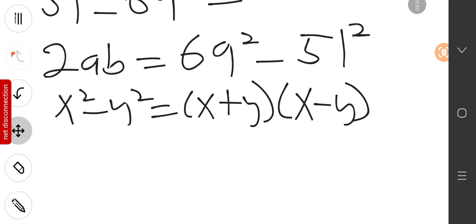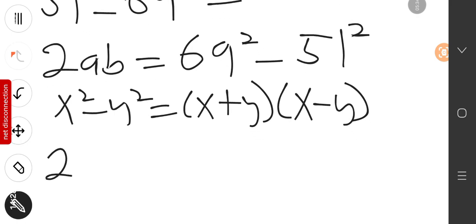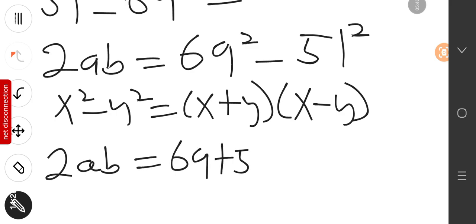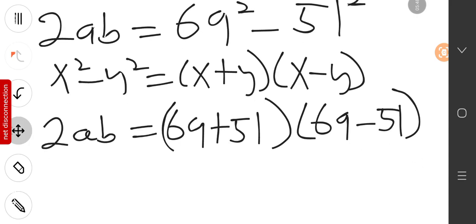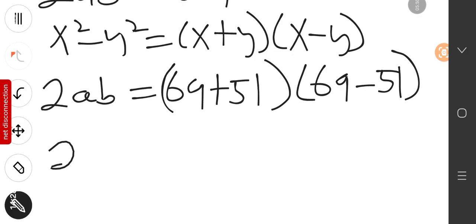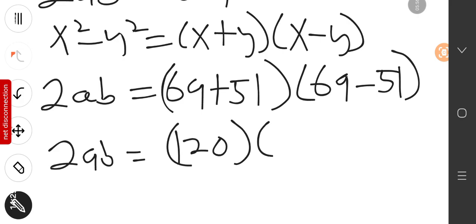So 2 times AB equals 69 plus 51 multiplying 69 minus 51. So 2AB equals 120 times 18.